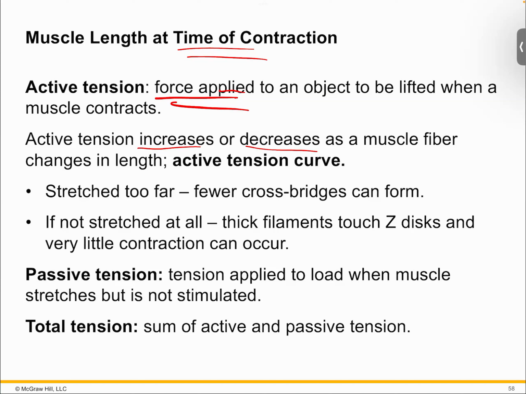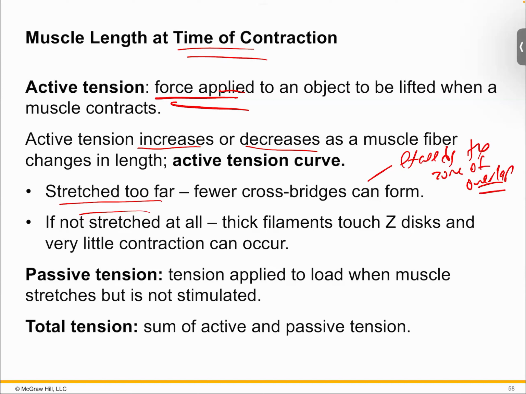So you have to have the cross bridge formation. And here's the thing though. If I take my muscle and stretch it out, which is going to give me as much active force as possible, I can stretch it too far, right? Remember the zone of overlap. If I stretch it too far, I'll exceed the zone of overlap. That's not a good thing, because that means there are no myosin heads overlapping with the actin in order to bind to it, okay?